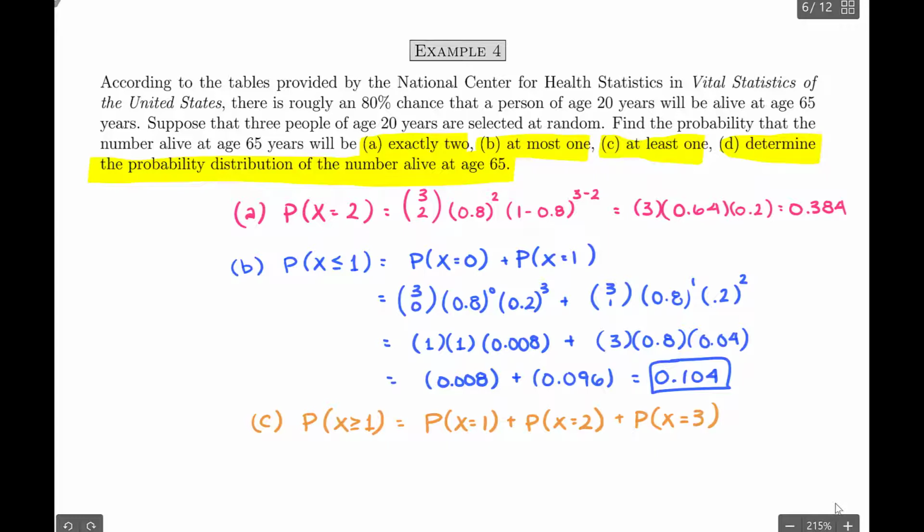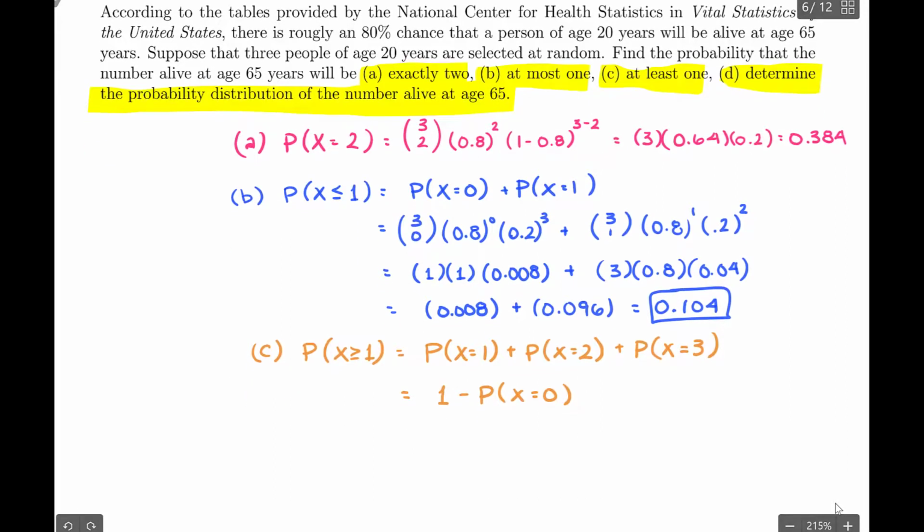Well, if you notice, the only value we didn't include is the probability that x is equal to 0. So we know that the sum of all probabilities is supposed to be 1. There's only 4 options for our probabilities in this particular problem, 0, 1, 2, and 3. So we can simply just say this is also 1 minus the probability that x equals 0.